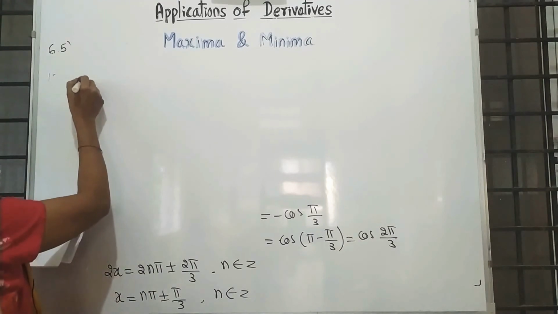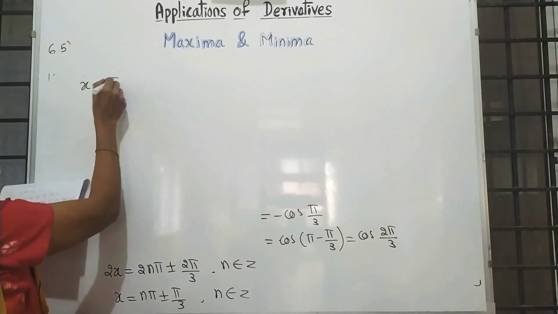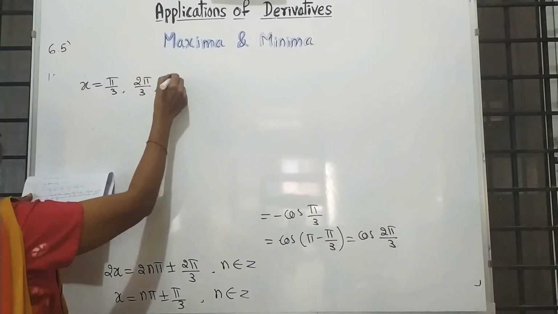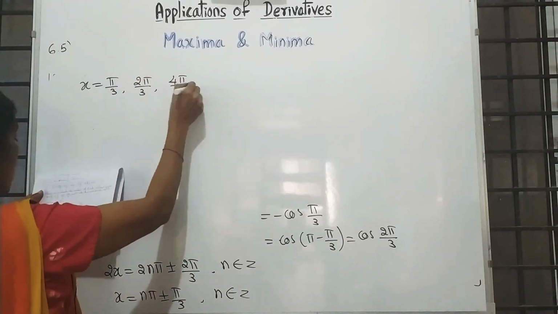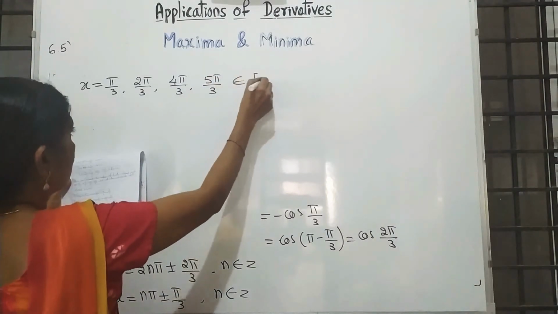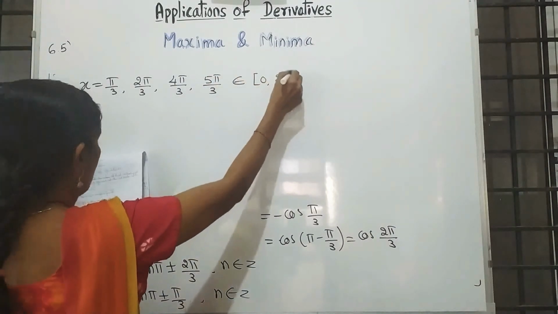Then you are getting x is equal to pi by 3, 2 pi by 3, 4 pi by 3 and 5 pi by 3. All values are in between 0 and 2 pi.